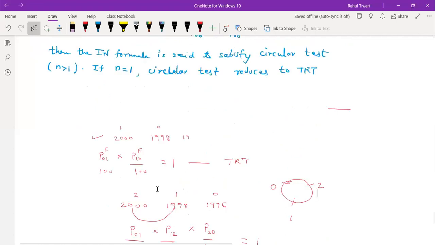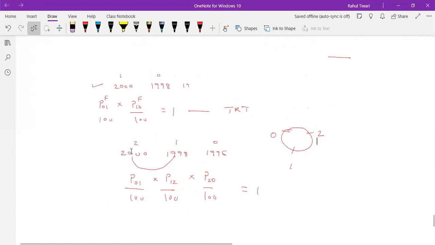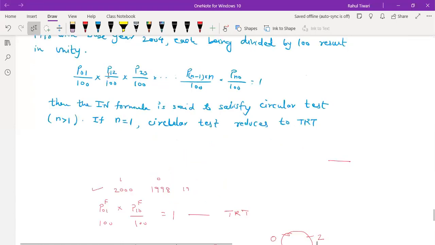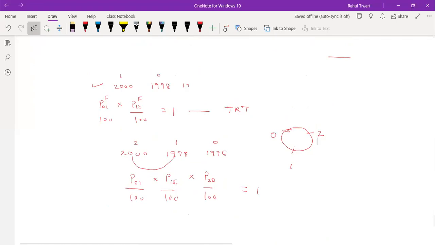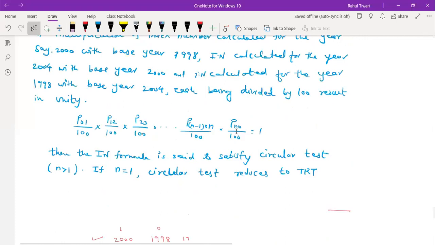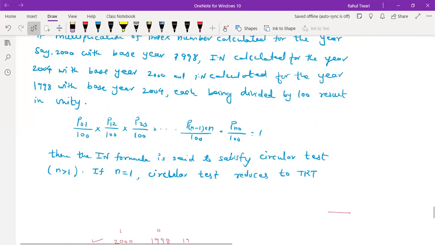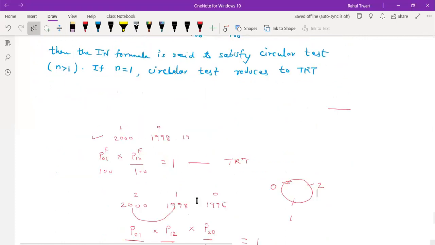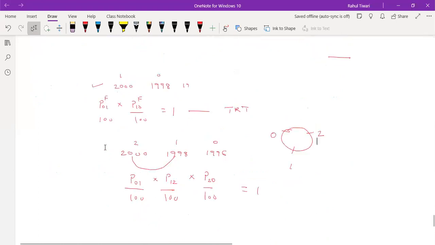Last one is 0. First one is 01, so first one is 0. And then according to 01, next one is 12, so it is going to be 1. And since n is 2, the base year will again be 1996. It is just a matter of understanding how you can make a circular test. That is a small concept, you can always go through that.